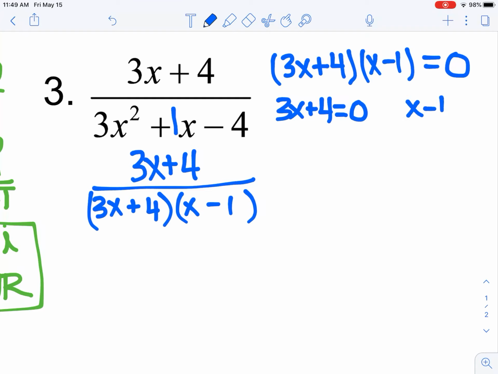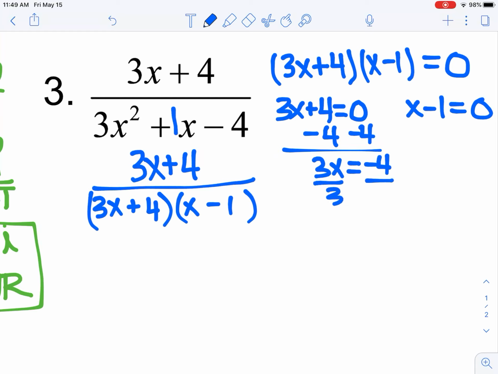So I have 3x plus 4 equals 0, x minus 1 equals 0. And we're going to solve for x in both of these equations. So here I can subtract 4. We get 3x equals negative 4. Then we can divide both sides by 3.